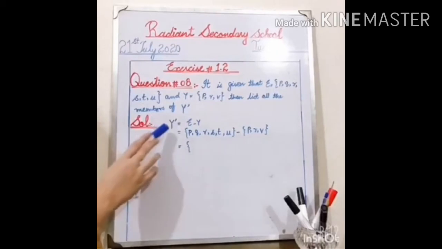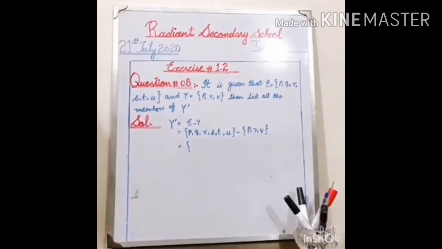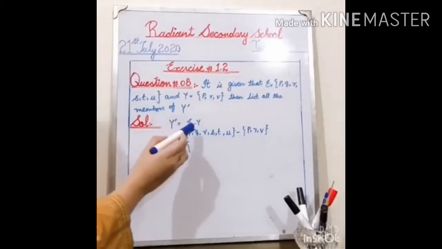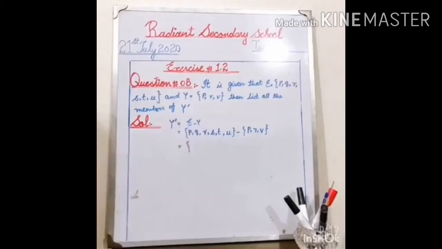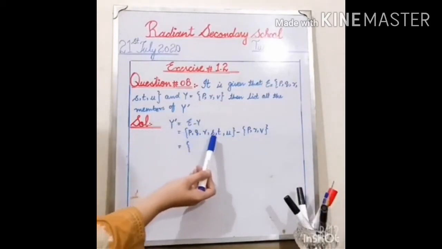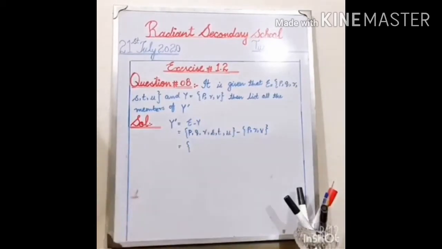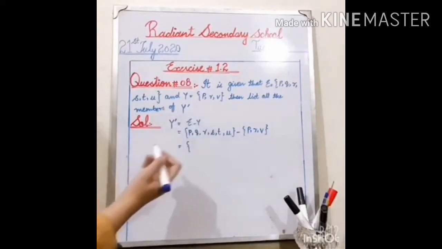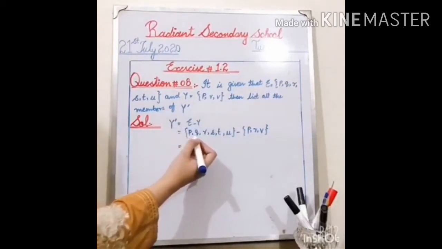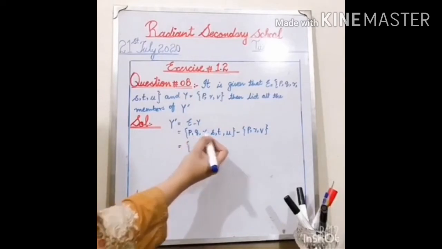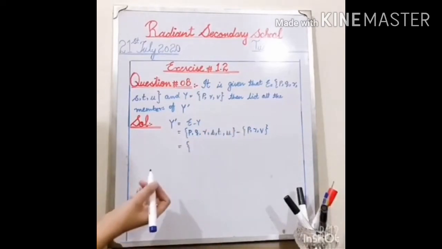So what you have to do, you have to find out Y complement. Y complement means E minus Y. So E set contains P, Q, R, S, T, U minus Y set contains P, R, V. So we have to find out the difference. Which elements are present in the first set and not in the second set?